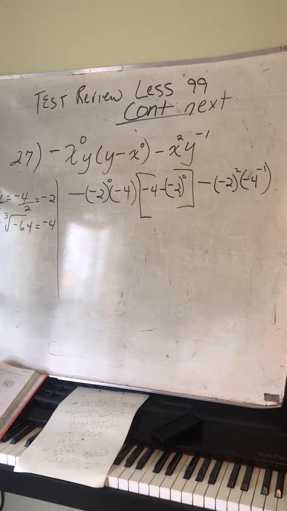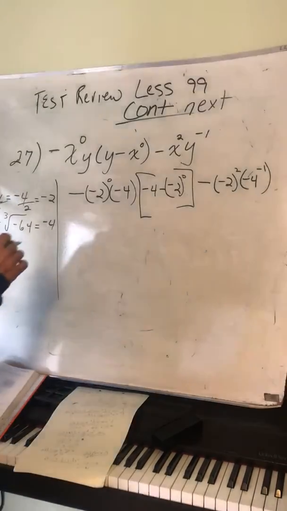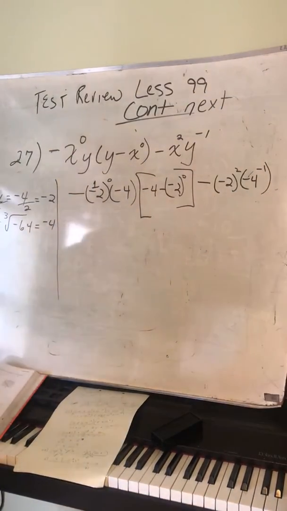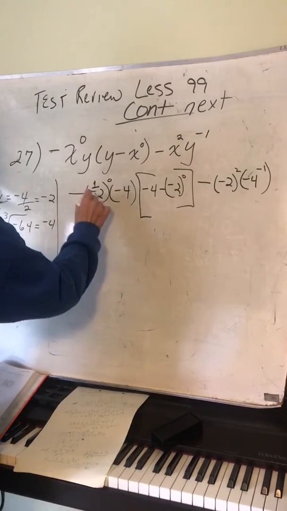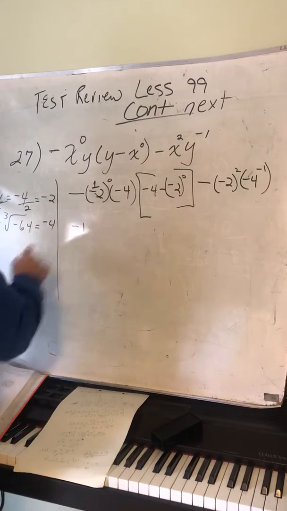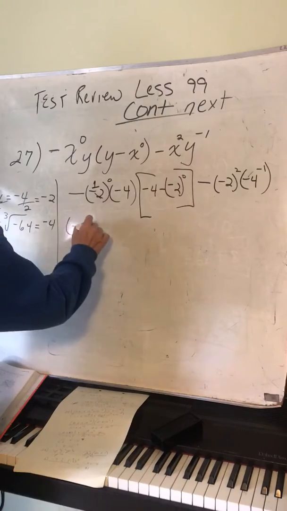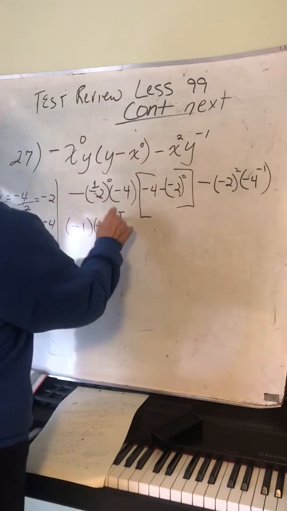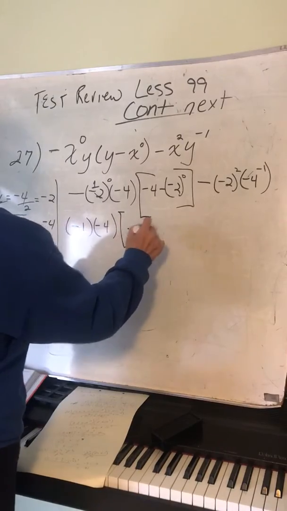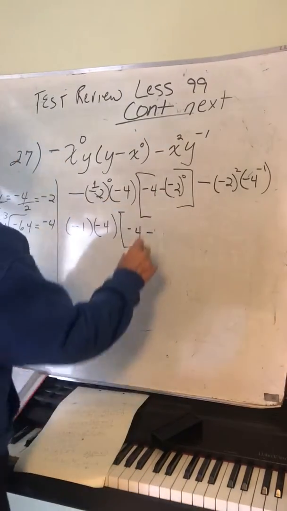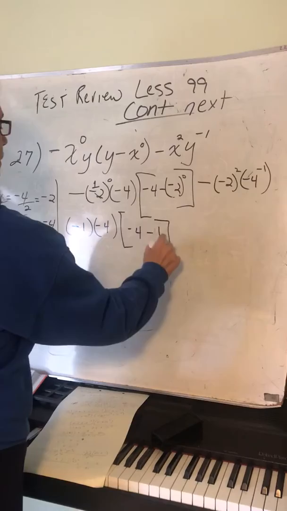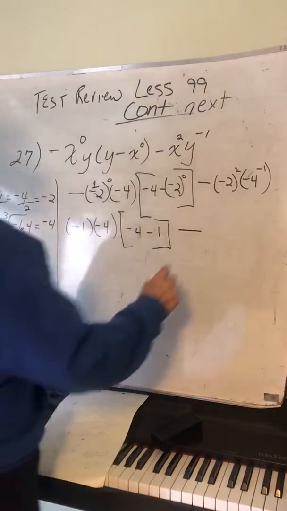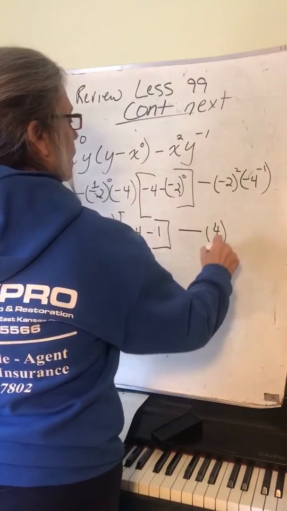Okay, so now let's simplify it. This is going to become 1, right? So you've got to drop this negative down. This is going to be -1 times -4. Let's just continue. -4 minus, this is going to be 1. Then we're going to do the minus here. This is going to be 4.